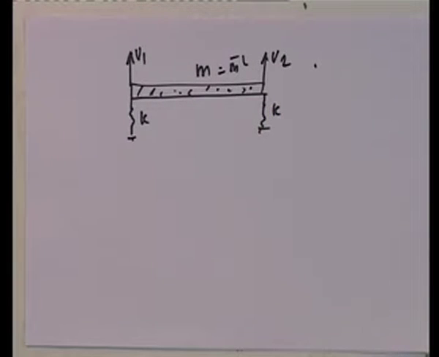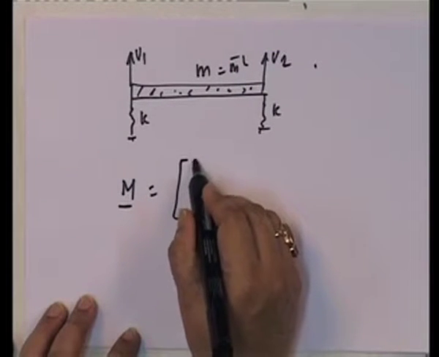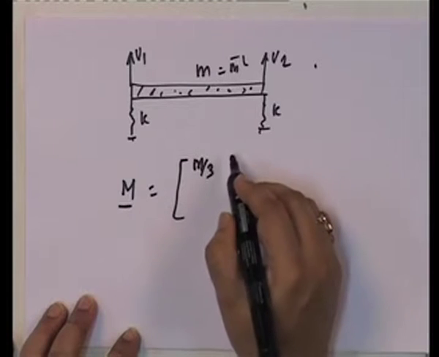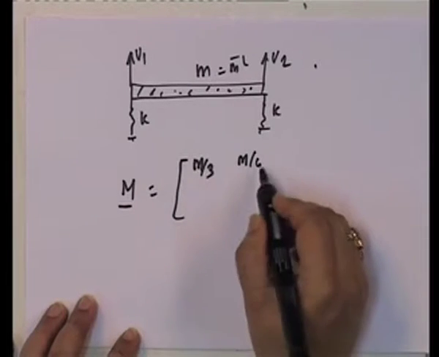Again, I am not going to go into the details. We have already evaluated the mass matrix for V1 and V2, and the mass matrix looks like this: m by 3, it's m bar L by 3 if you remember.